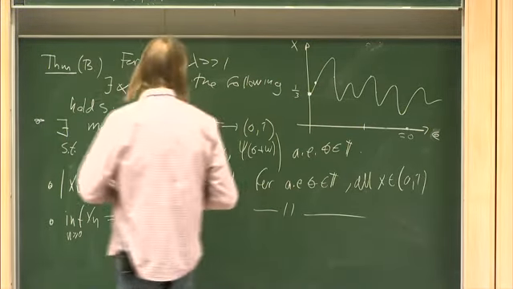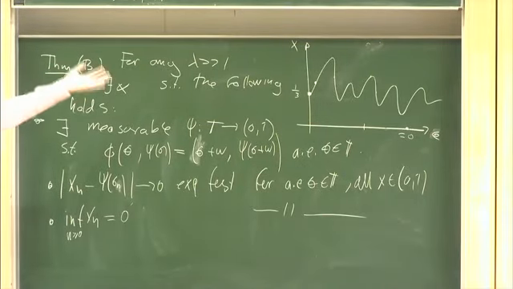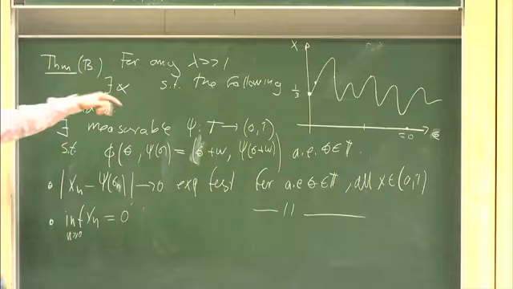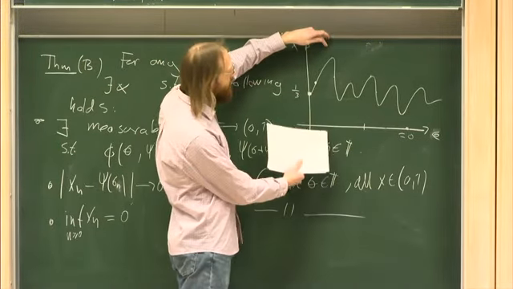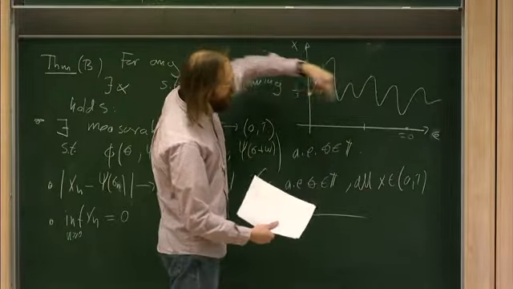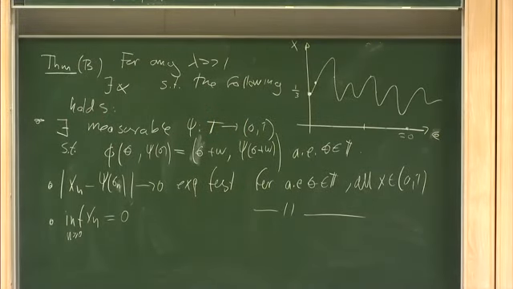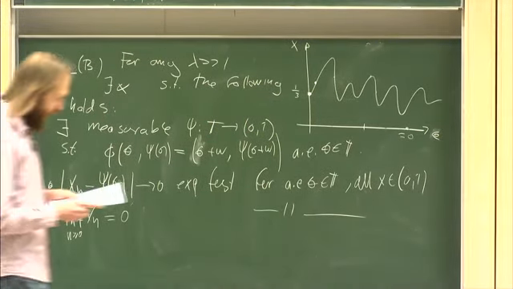So this is an example of something called a strange non-chaotic attractor. It's strange in the sense of geometry, but it's not chaotic, because in the fiber direction we have a negative Lyapunov exponent, and in the base dynamics we have 0 Lyapunov exponent. So this is what is called a strange non-chaotic attractor.